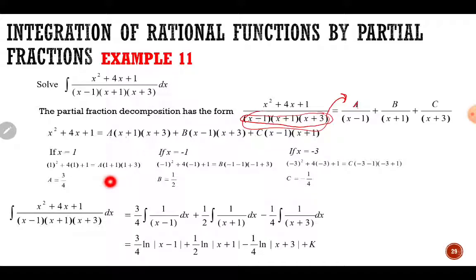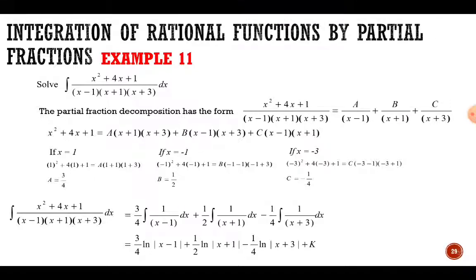So say for example, we let x equals to 1. Bila kita let x equals to 1, this term akan jadi kosong, this term also akan jadi kosong. Dan you gantikan x sama dengan 1 ke dalam ni. So kita dapat 2. Yang ni pun 4 darab dengan A. So you dapat 8A sama dengan, gantilah 1 tambah 4 tambah 1. Okay, 8A sama dengan 6. So that's why you dapat A sama dengan 3/4. Faham?